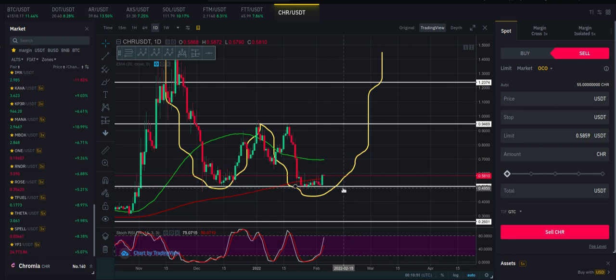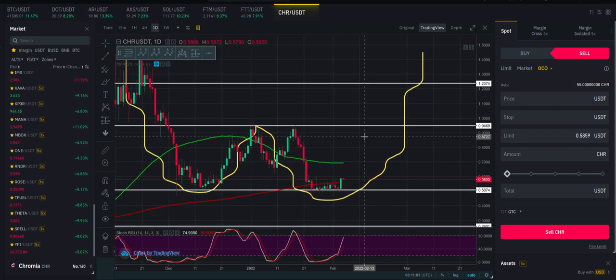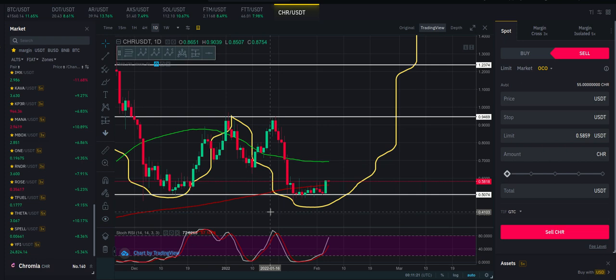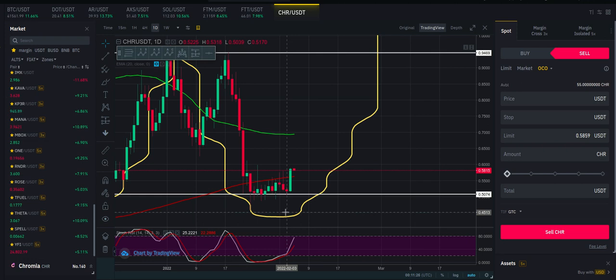Let's assume that you bought this coin at 0.5074, and you assume that if the coin comes below the wick that was created on the 24th January, this bearish candle, so if it gets to 0.45, that means the reason why you entered the trade has been invalidated. So at that point you want to get out of this trade.